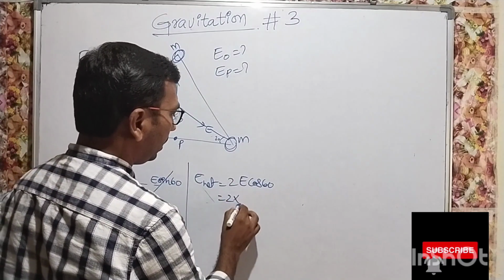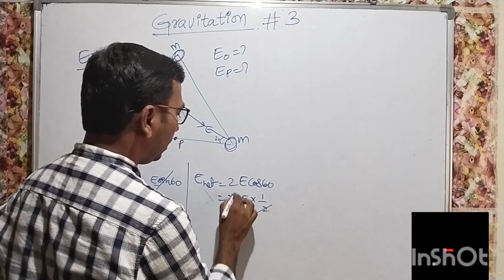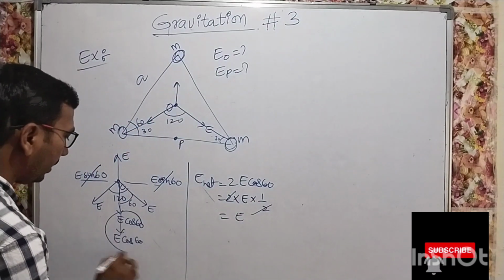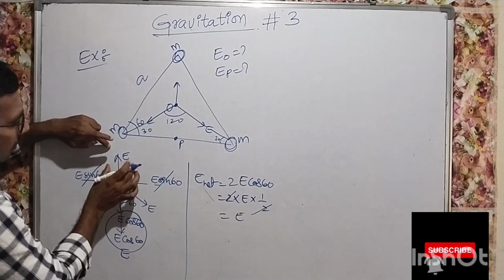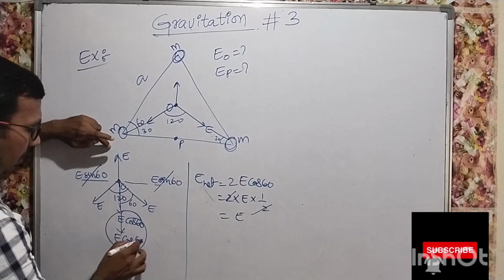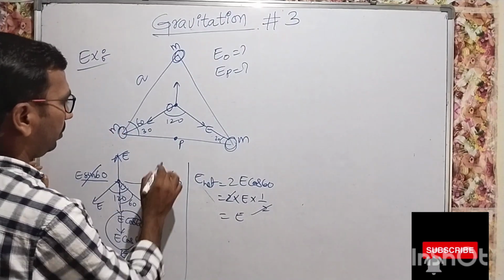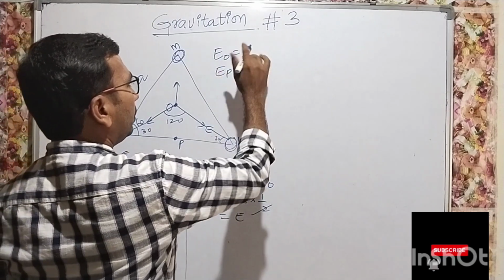Since cos 60 is 1 by 2, the net gravitational field in this direction is E. Now the gravitational field upward is E and downward also E. These two cancel, so the net gravitational field at the center O is 0.